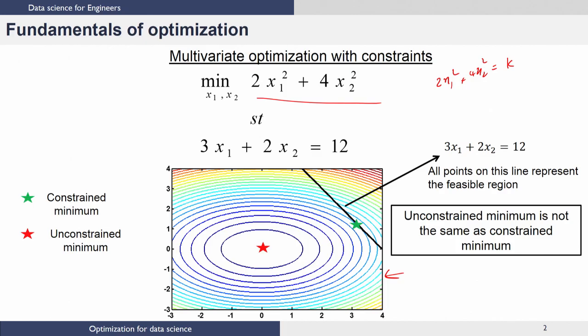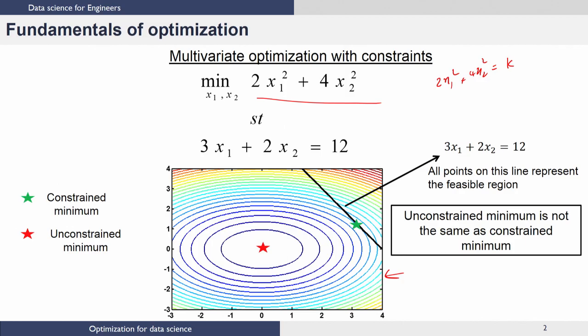Now, if you look at the optimum value for this function, just by inspection, you can see that the optimum value is 0, because these are functions where I have terms which are squares of the decision variables.